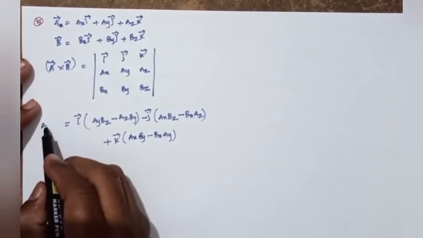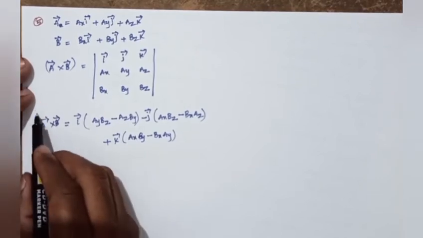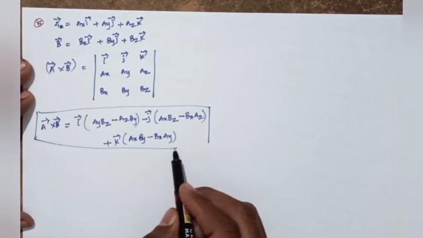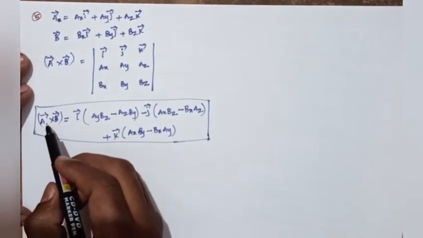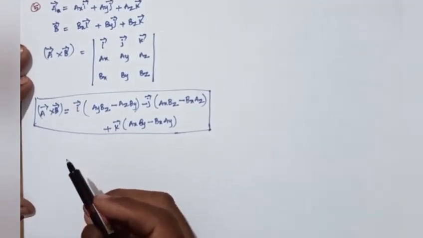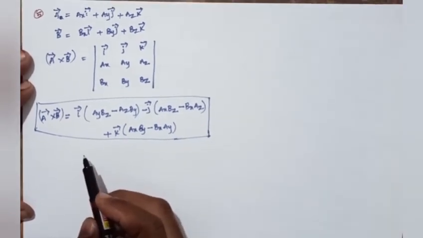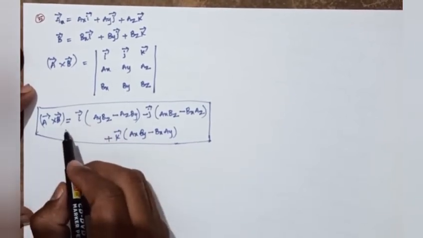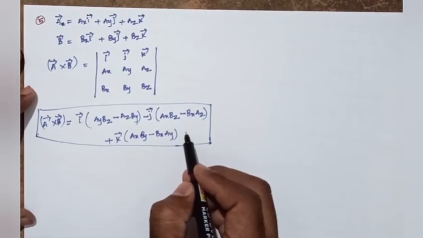So this is the a bar cross b bar. This is the fifth property we have taken: a bar cross b bar equals i bar into these terms.